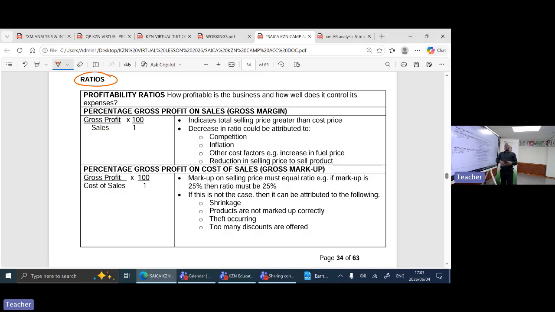So in the cash flow statement, you are normally also given a section where you will be doing the calculations. But those calculations have formulas, and the formula sheet is provided for you in the question paper for you to be able to deal with the ratios.